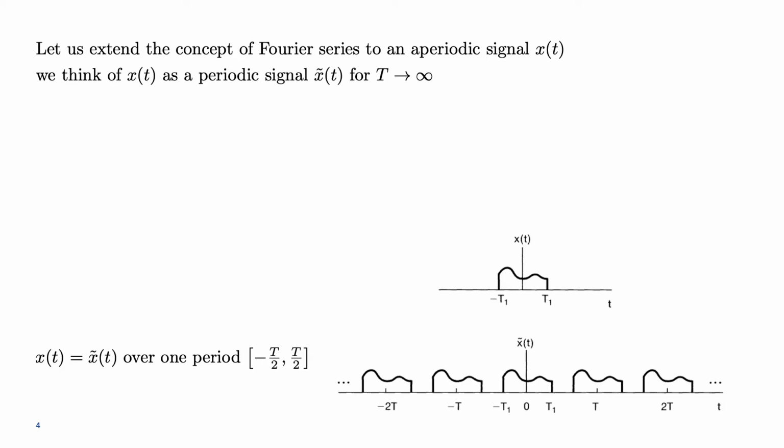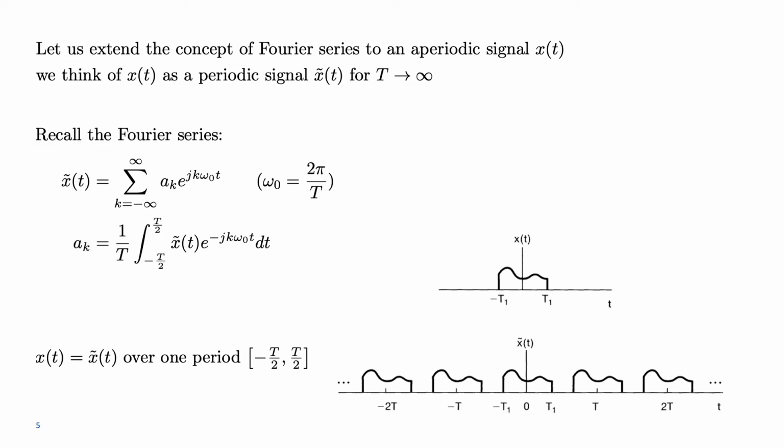Of course we have the relationship that x of t is equal to x tilde of t over one period, so between minus half t and half t, which is the fundamental period, the two signals are equal, right? What I'm trying to say is that if you imagine this period t going to infinity, so if in x tilde you push the replicas further and further apart, then you will end up ideally in the limit procedure with the signal x of t we're interested in.